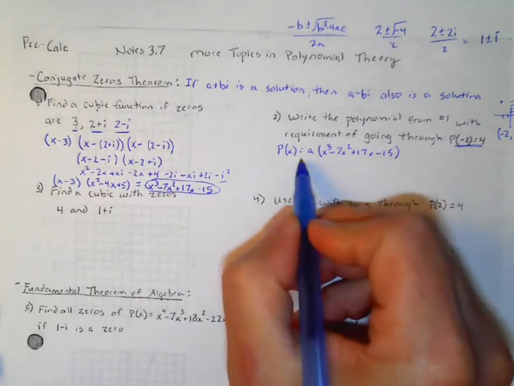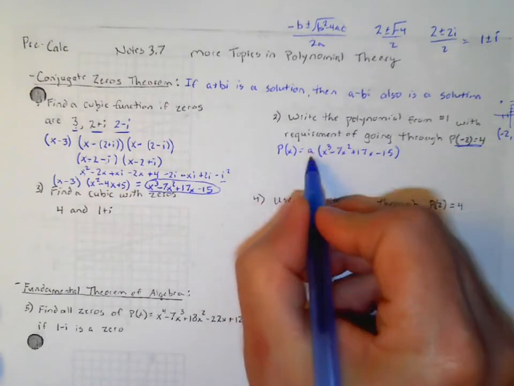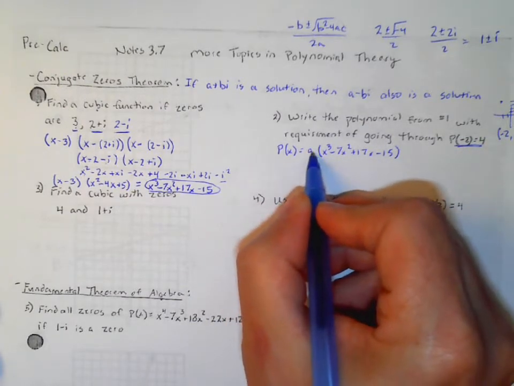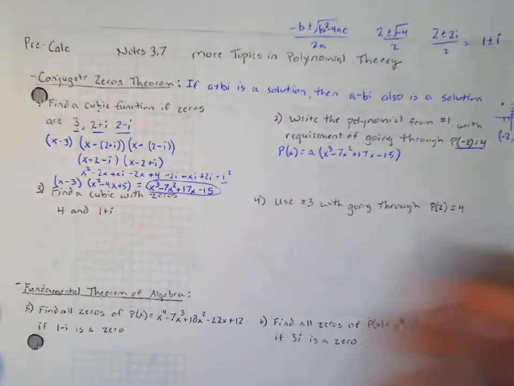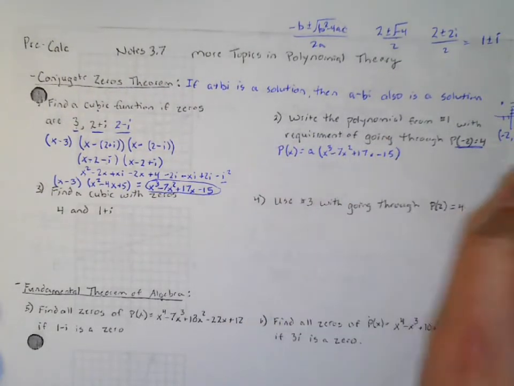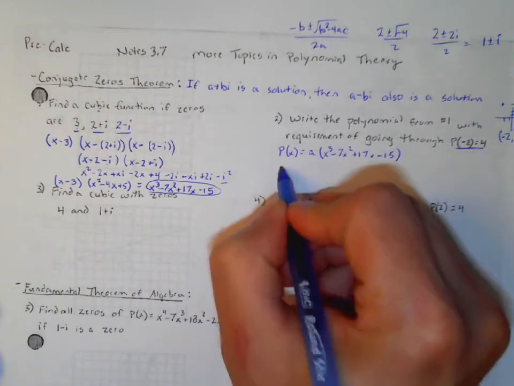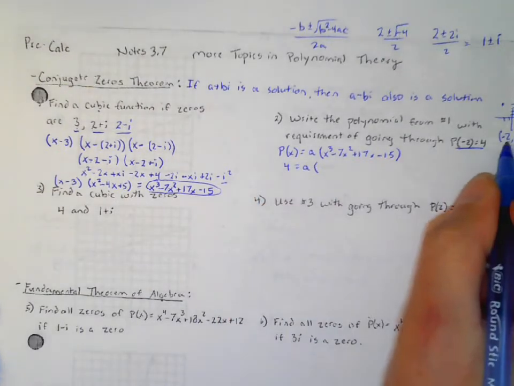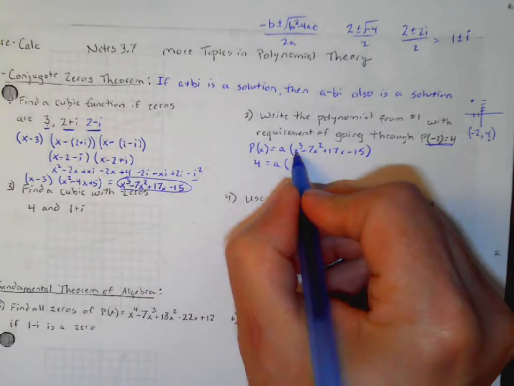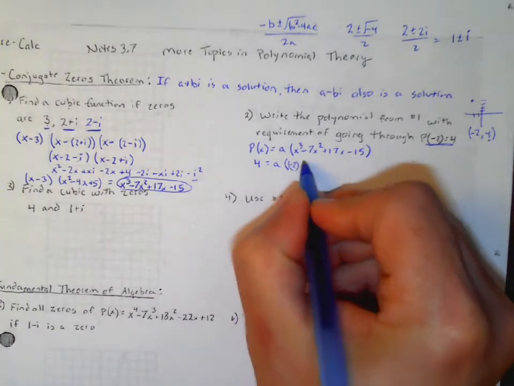I have to figure out what this a is going to be. What do I have to multiply this all by to get it to go through that point? I'm going to say the p of x is the 4, the output is the 4, and my input is the negative 2. So I'm going to put negative 2 in for all these x's.